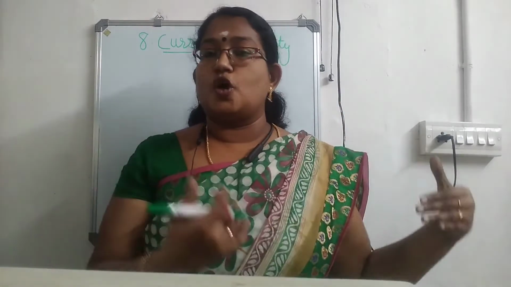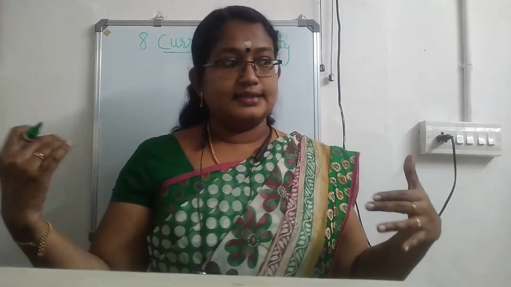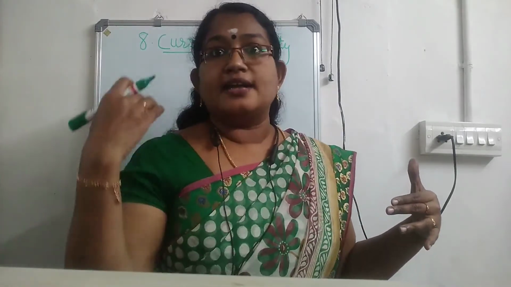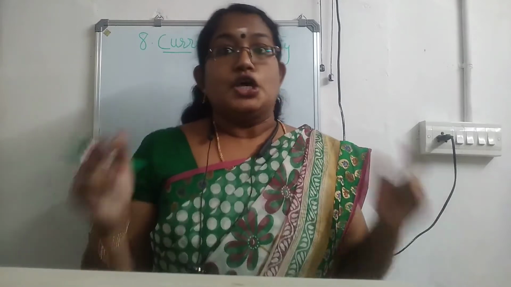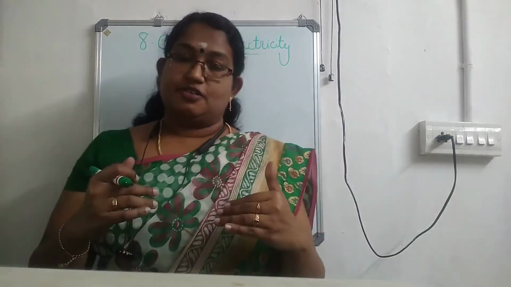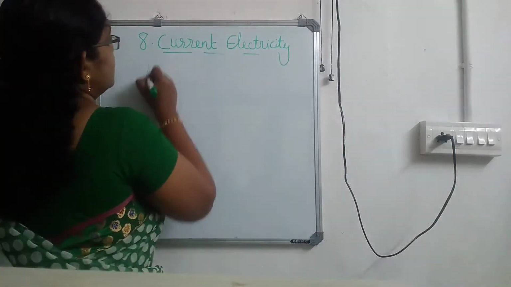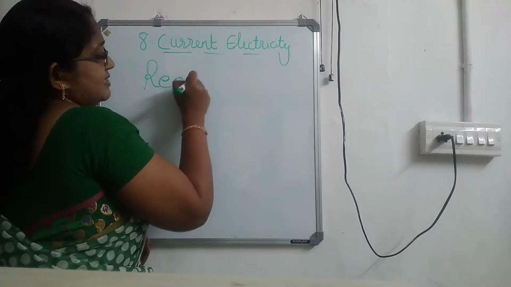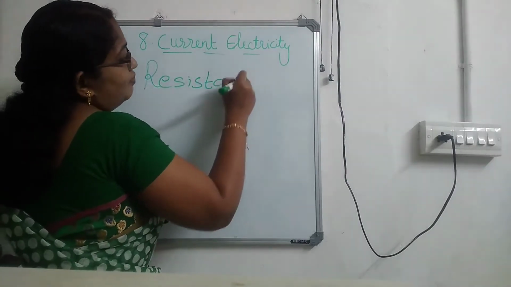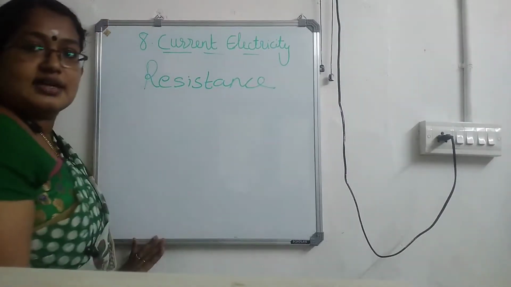Resistance means obstruction, the obstruction offered by the conductor to the flow of electrons. So in a conductor, electrons will be flowing, and this flow of electrons produces electric current, isn't it? So the conductor itself offers some resistance or obstruction to the flow of current, and that obstruction is known as resistance.